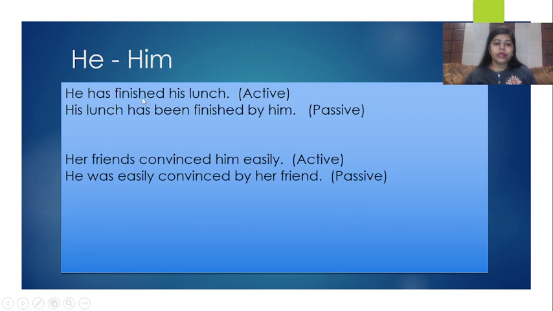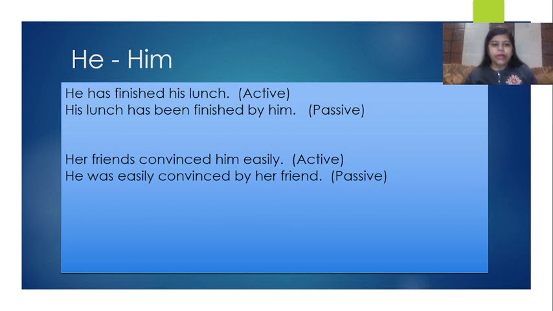According to the rule, it will be has been, as we have already discussed in part 1. So, his lunch has been finished by him. You can see here clearly that he is changed into him. We are not going to write by he, instead we are going to write by him.